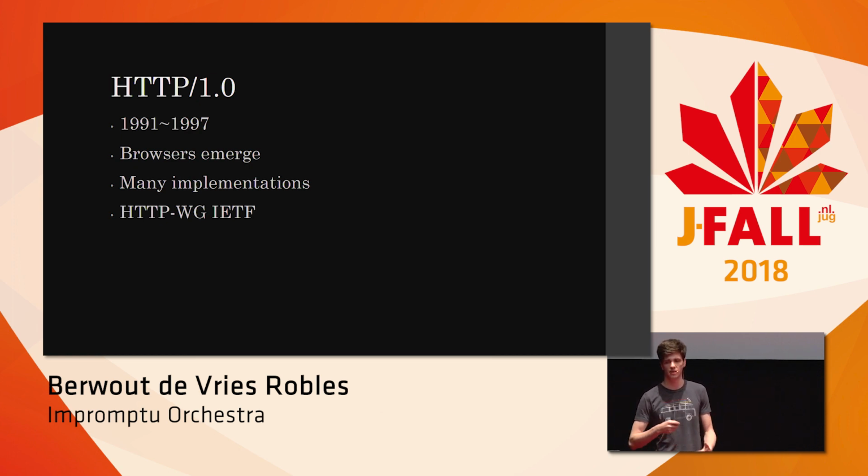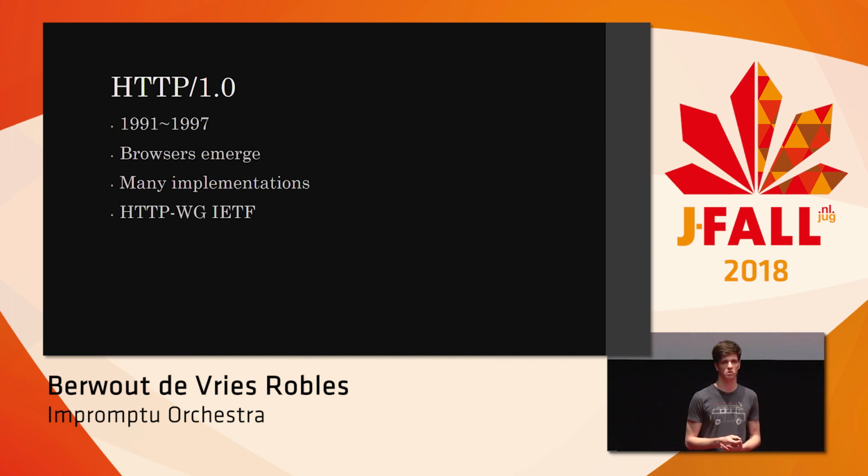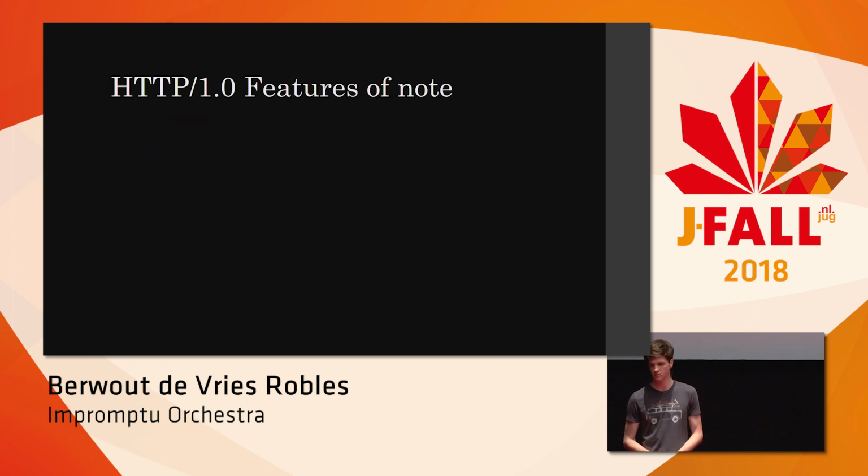But around 1996, the HTTP working group published a document which detailed the common usages of the HTTP 1.0 protocol. So this was not a formal standard. It was just like, most of the people around the world are doing this, and you should probably also be doing this in your browsers. But it wasn't anything formal.